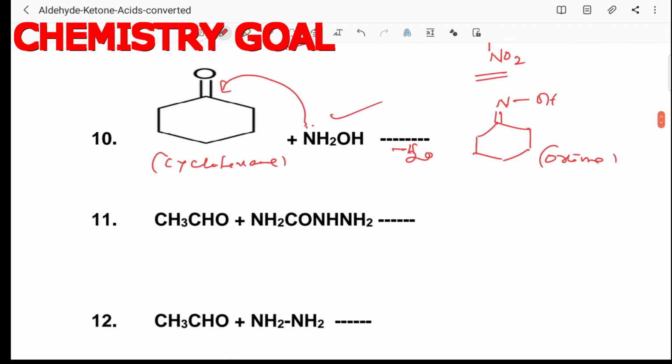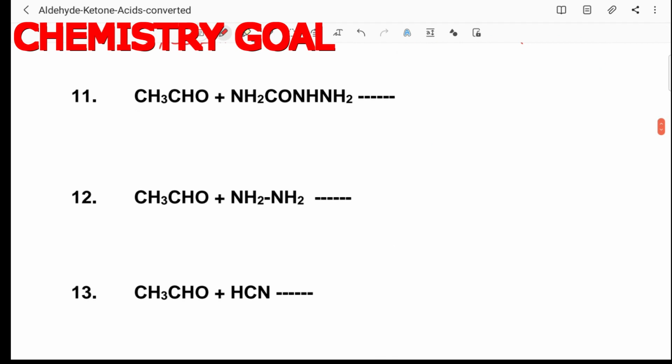Then reaction 11, acetaldehyde reacts with semicarbazide. Semicarbazide with aldehyde produces the same kind of product, through nucleophilic addition reaction. Here it attacks as a nucleophile to the carbon.